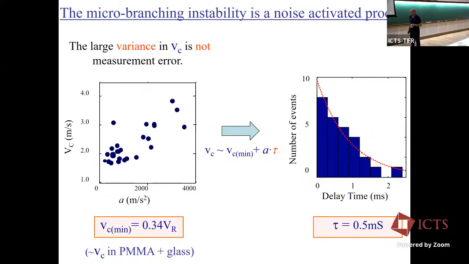Okay, why am I showing you this? Because all of this is hinting, and I'll show you that the transition from a simple crack to microbranches behaves like a first order phase transition.